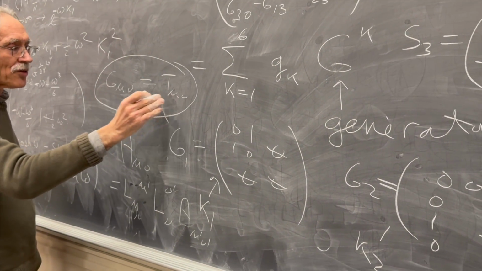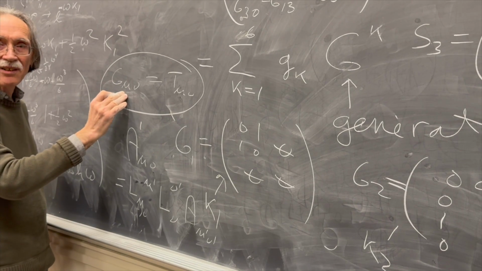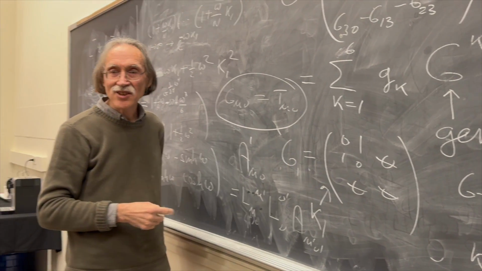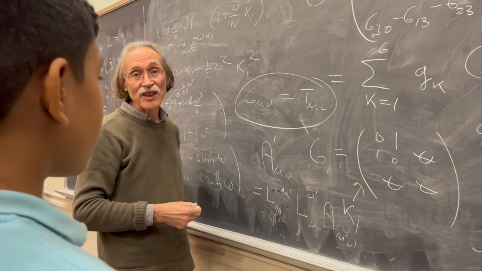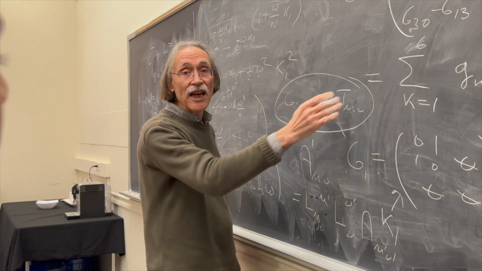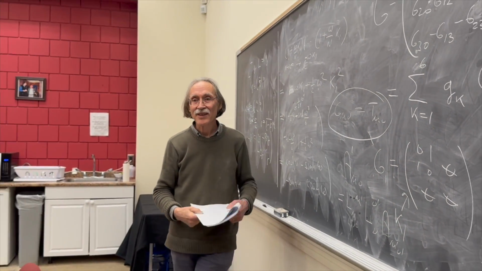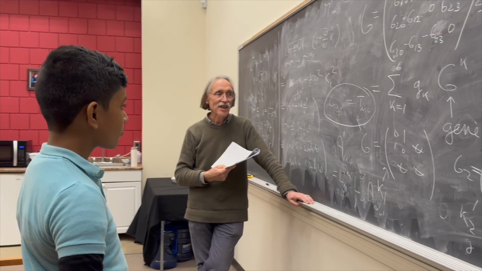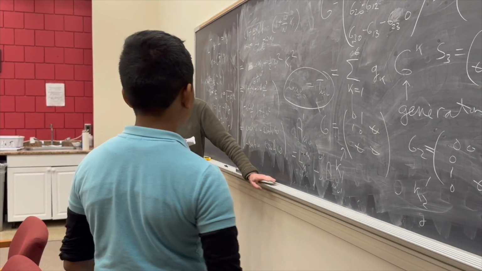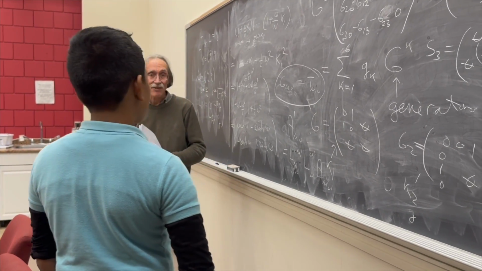So if this is a 2 tensor, this has to be a 2 tensor. So this is the equation we want to get. This is the so-called Einstein equation. This is the Einstein tensor, and this is the energy momentum tensor. They are the same. There's some prefactor here. These are the basic equations of general relativity.